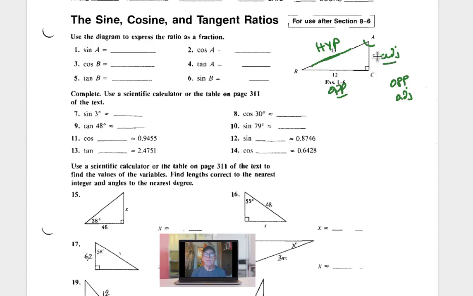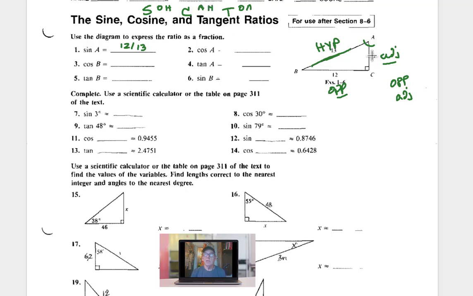So sine of A, sine is opposite over hypotenuse. Remember, we've got SOHCAHTOA, S-O-H, C-A-H, T-O-A. Sine is opposite over hypotenuse. Opposite side is 12. Hypotenuse is 13. We have 12 over 13 for the sine of A. Cosine of A. Cosine is adjacent over hypotenuse.